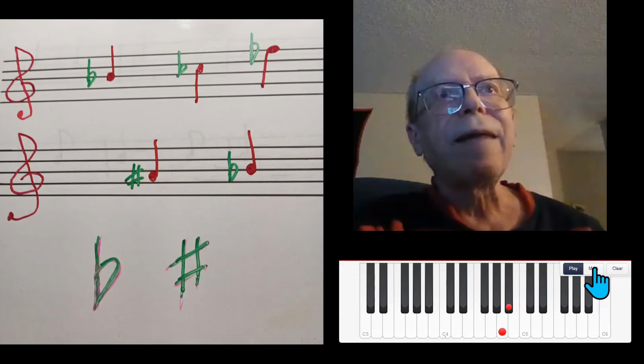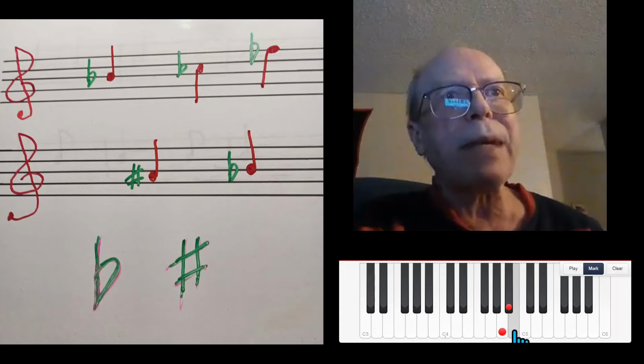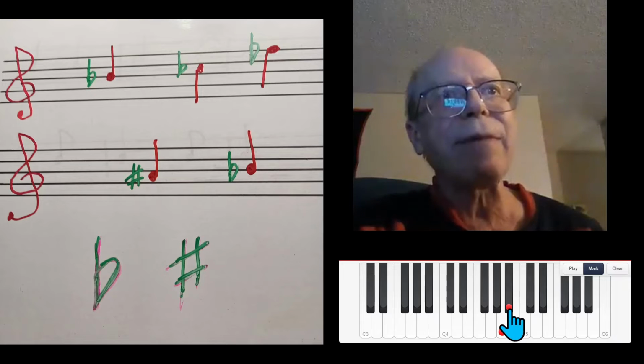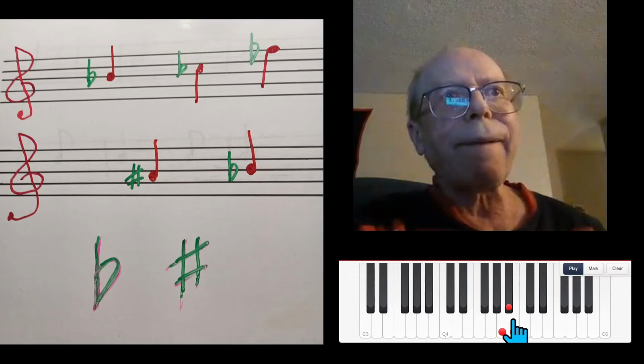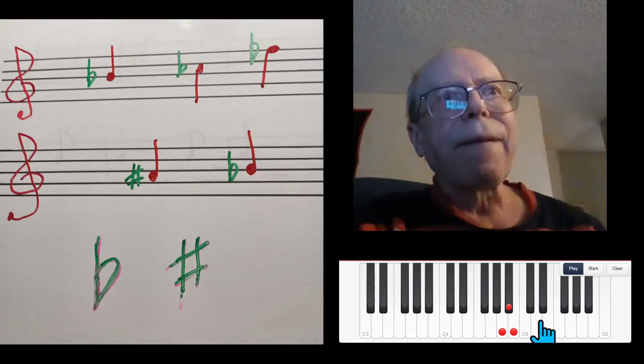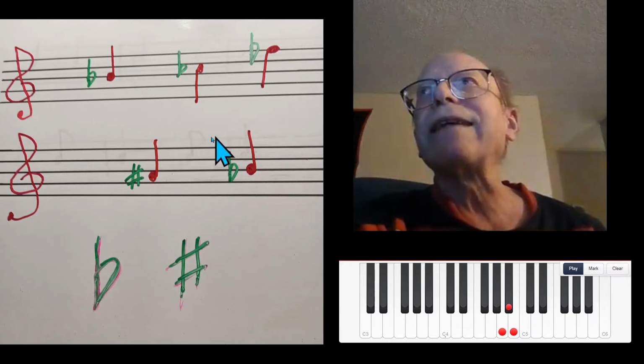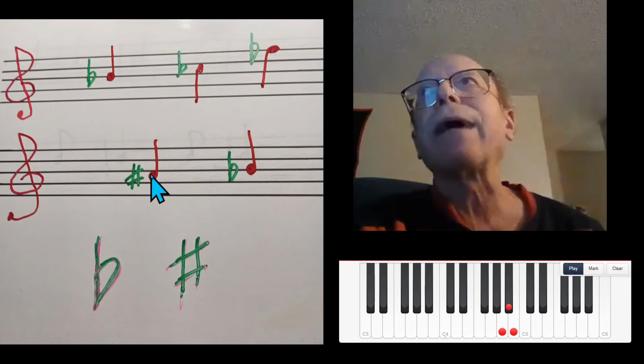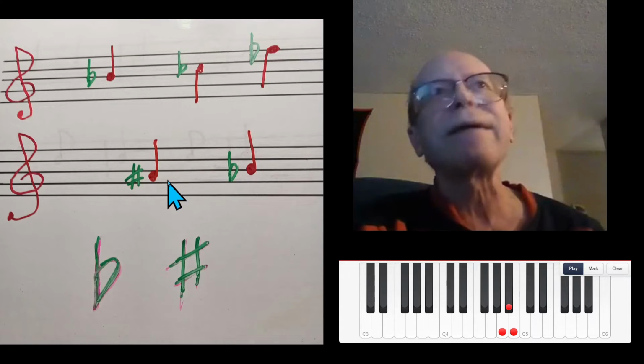But if I'm on the note B and I go down the semitone to B flat, well, guess what? Those are the exact same note on the piano. A sharp and B flat are the same note.